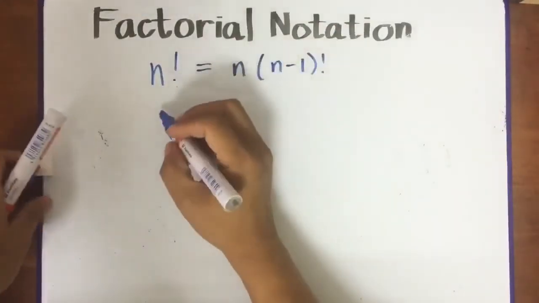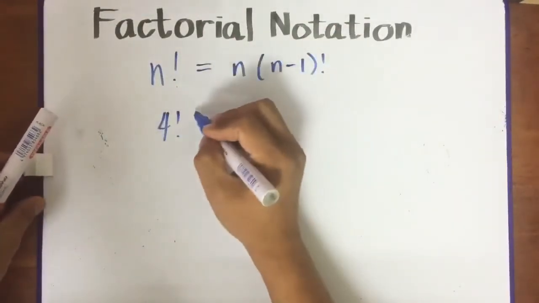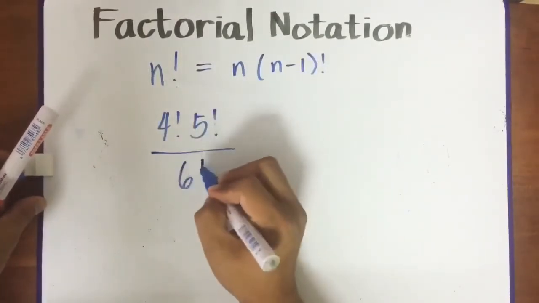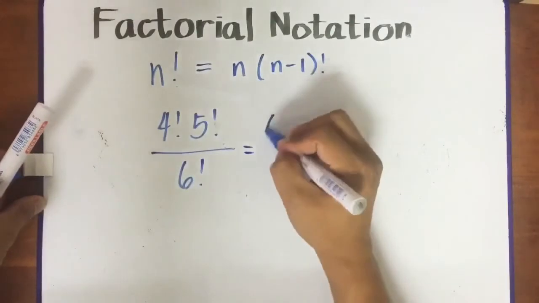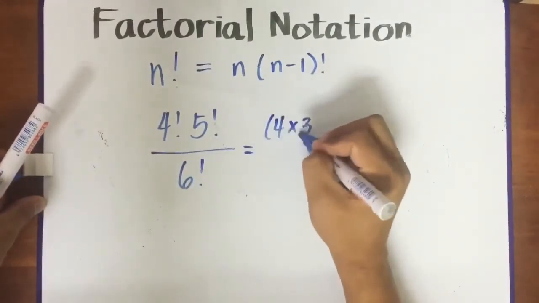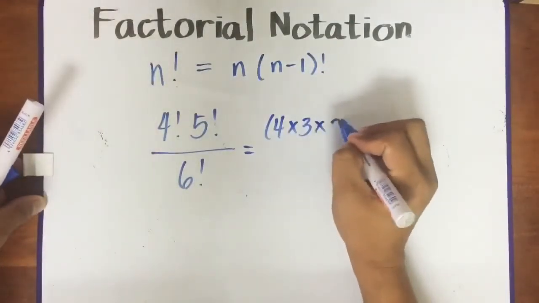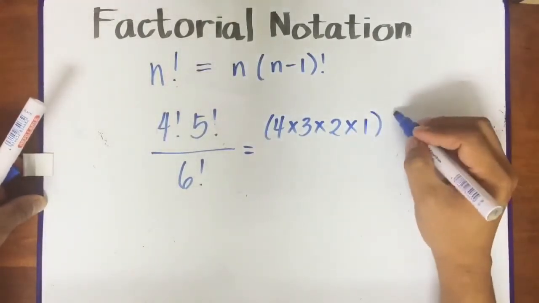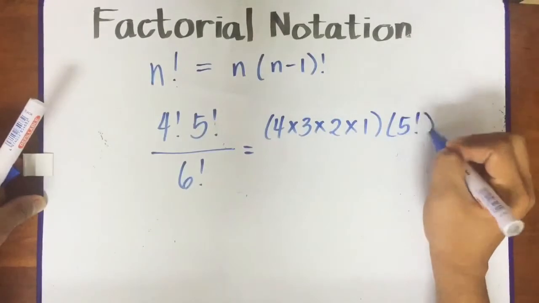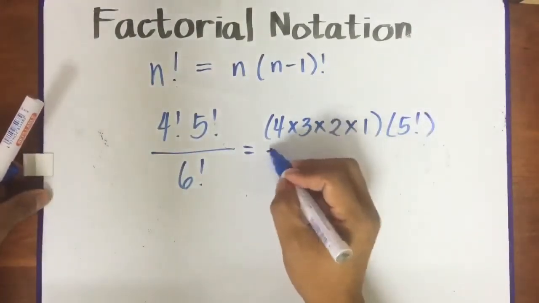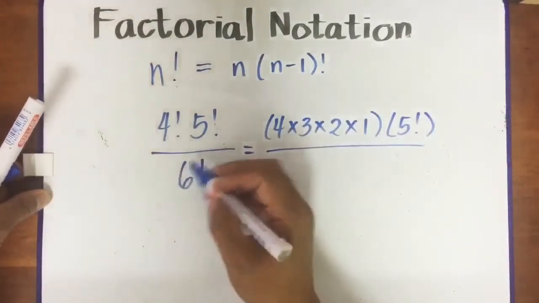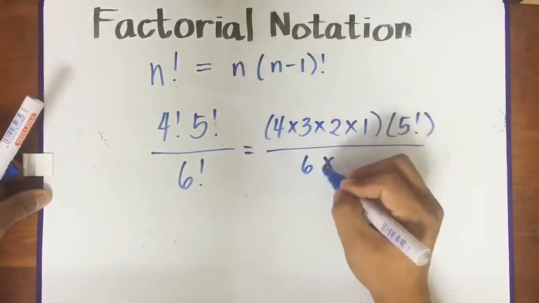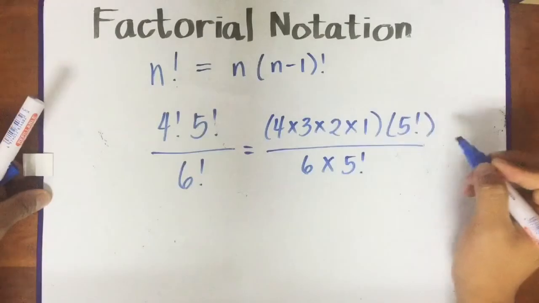Okay, let's have a mix of multiplication and division. Example, I have 4 factorial multiplied by 5 factorial divided by 6 factorial. So I'll have now 4 times 3 times 2 times 1, you multiply it with 5 factorial. Okay, over this, 6 factorial can be written as 6 times 5 factorial.